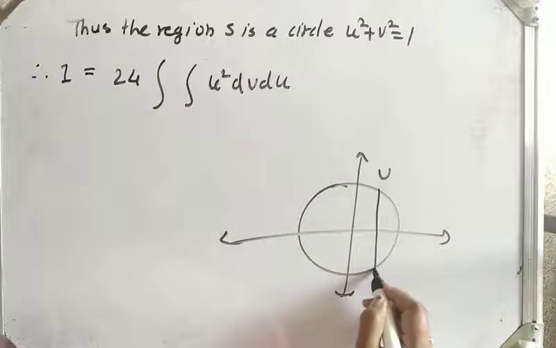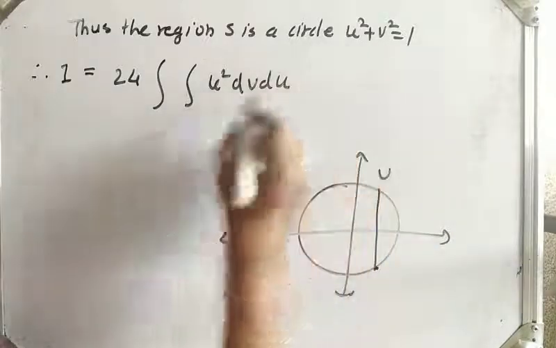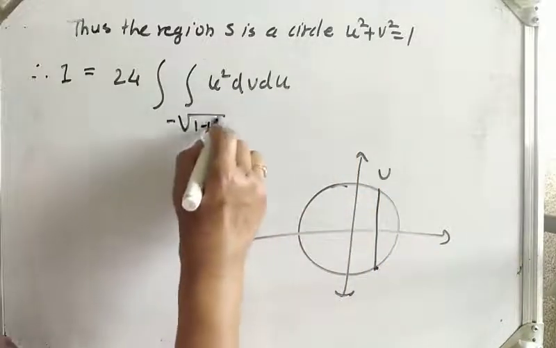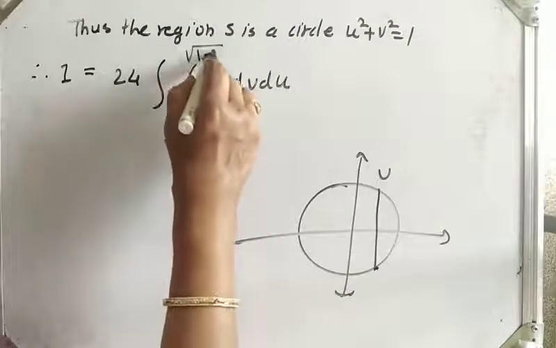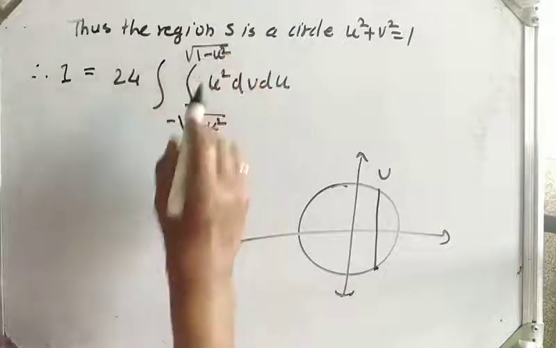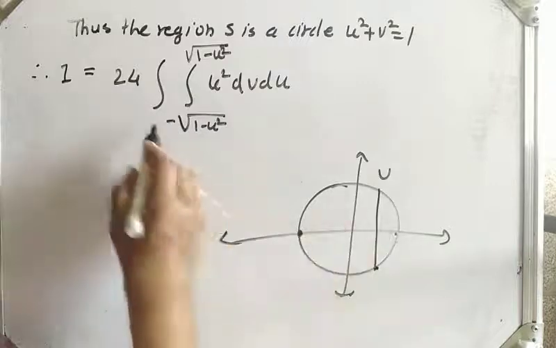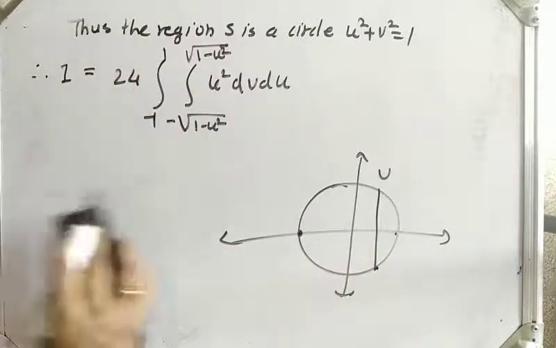So here is v. What is the equation of v? From this, minus square root of 1 minus u square, and here it is square root of 1 minus u square, and u varies from minus 1 to 1 because the radius is 1.